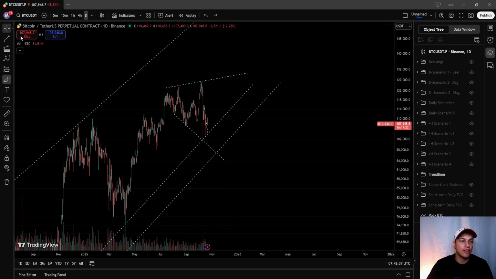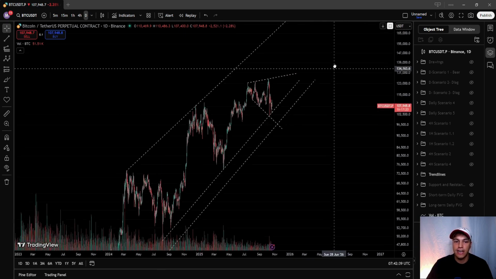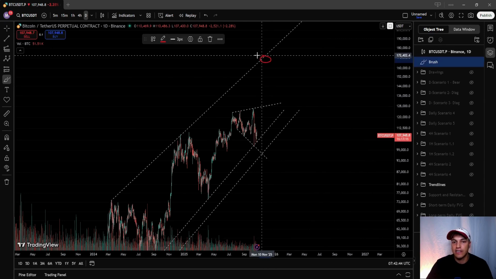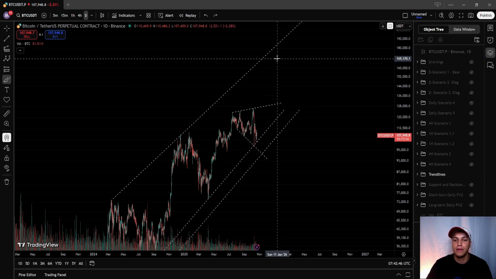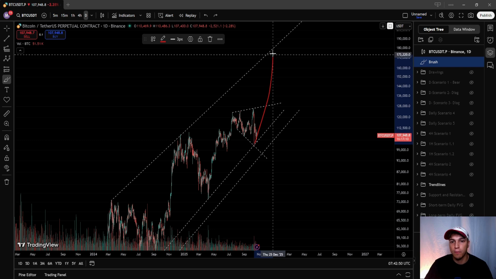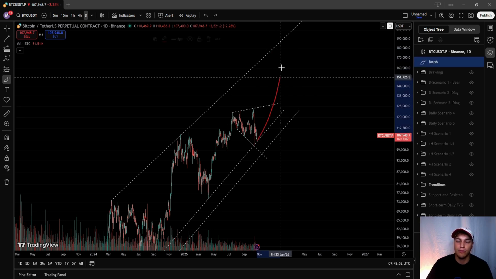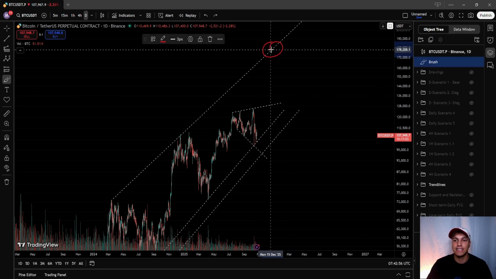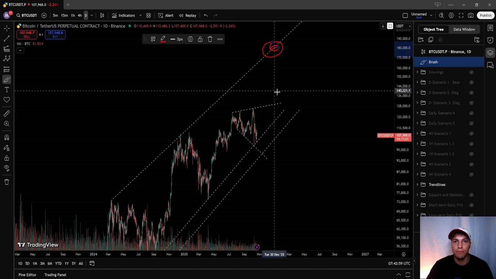Possibly targeting the top of this trend line here, the one that we have been following for a while at around that $170,000 region, but that's only if we get all the way up there, right? A blow off top could indeed happen where we have one last push in a wave 5 towards the upside, but that is just speculation at the moment.